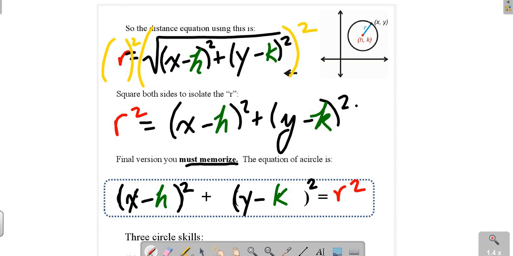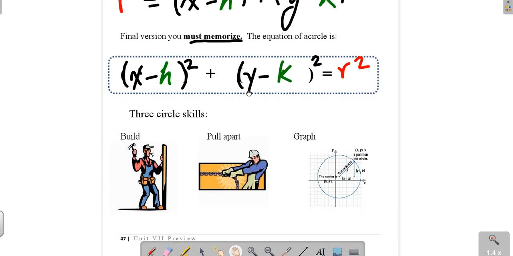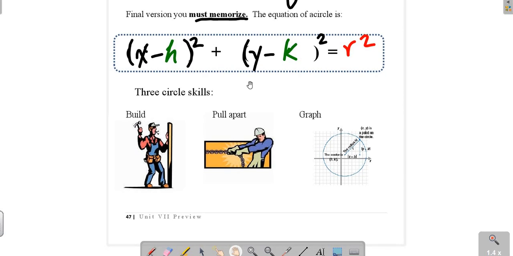This must be memorized. You're going to have to do 3 things with this circle equation: build it, pull it apart, and graph.